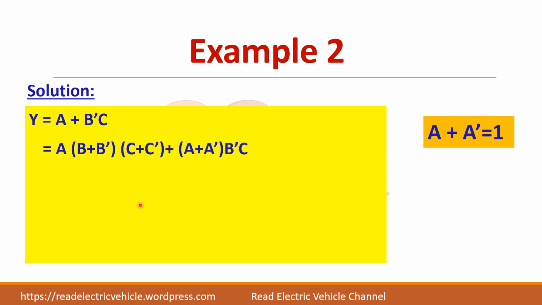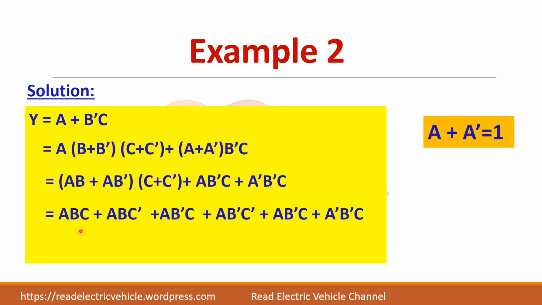Now you simplify this one. So multiply A with this combination, then this combination with B'C. So you simplify this, you will get these many terms. If anything is repeating, you can neglect one.